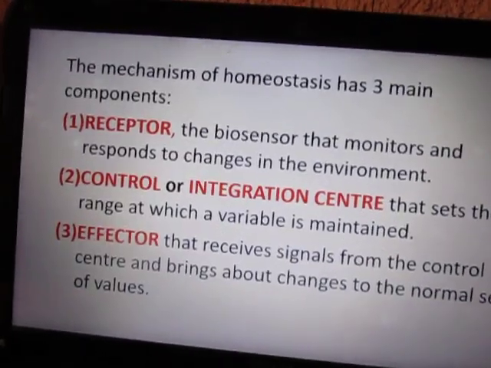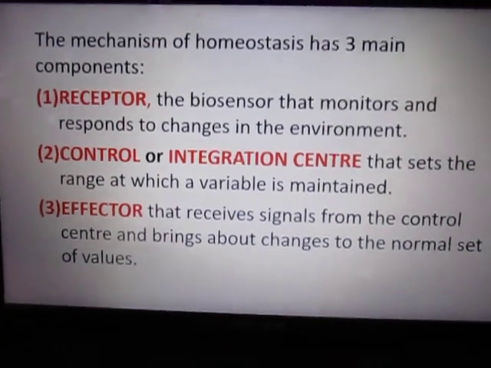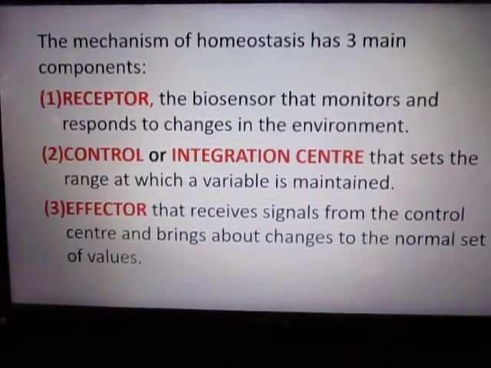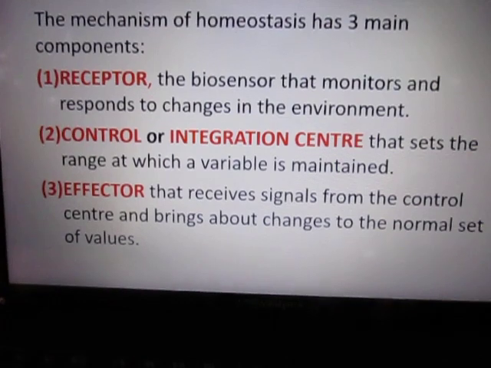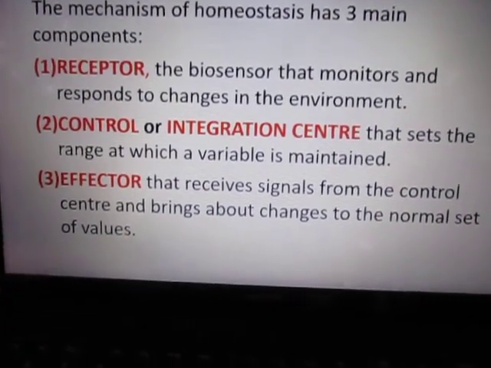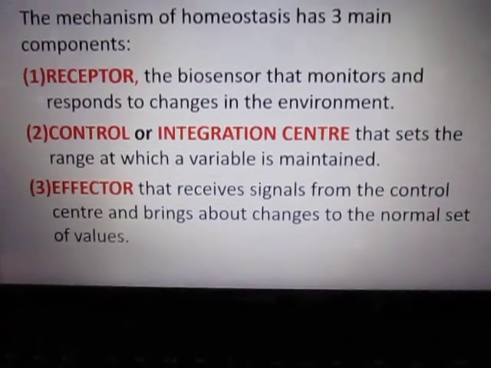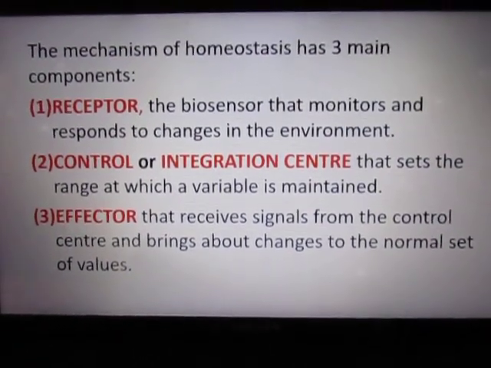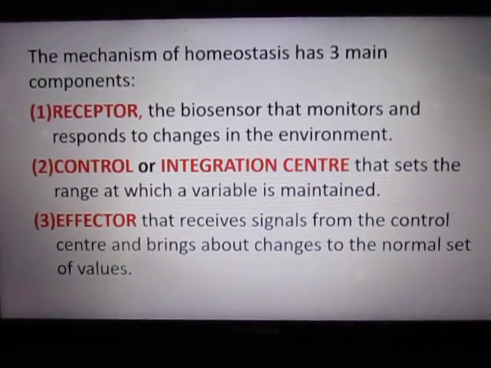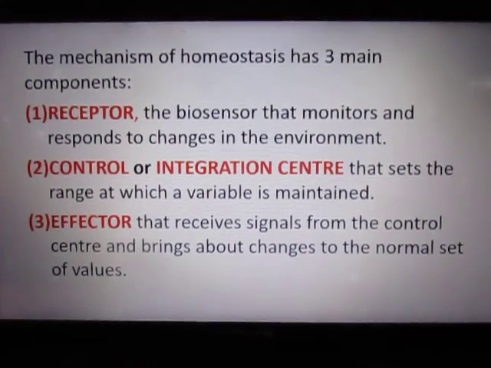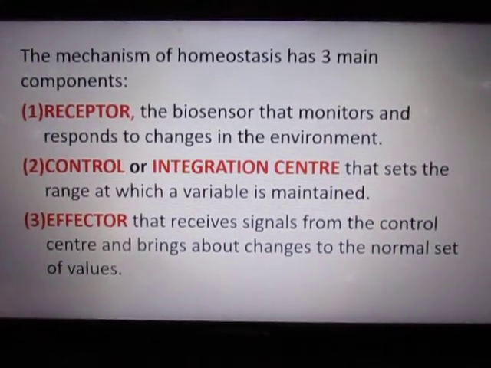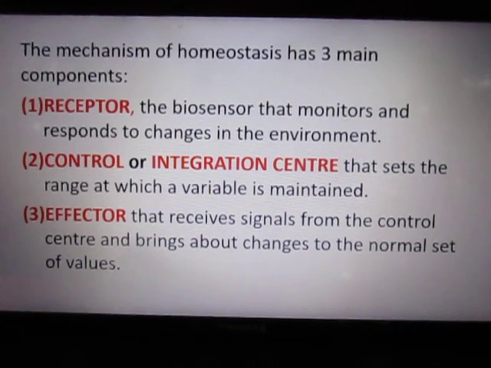We should know that when we speak about the mechanism of homeostasis, there are three main components. It should have a receptor. The receptors are biosensors that monitor and respond to changes in the environment. The receptors can be found, for example, on our skin.